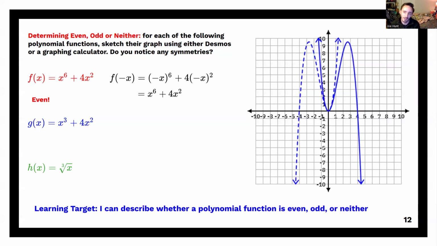And I compare the graphs to see if they're identical or if they're different. What you'll notice here is that they are most certainly not the same thing. Those are two very different graphs. So I know for sure that g of x is not an even function.